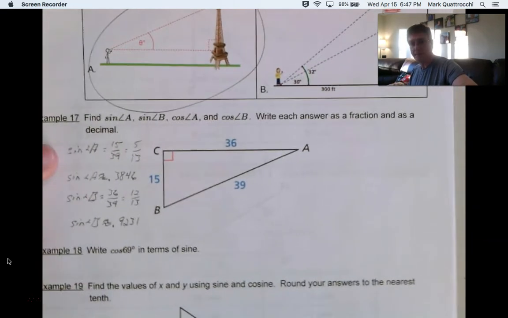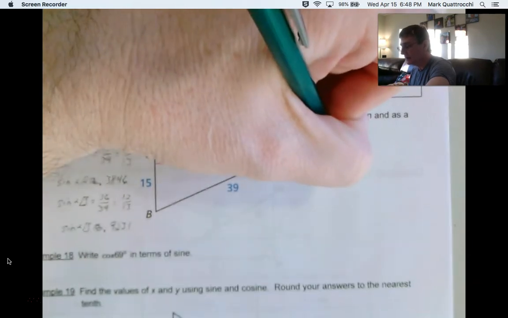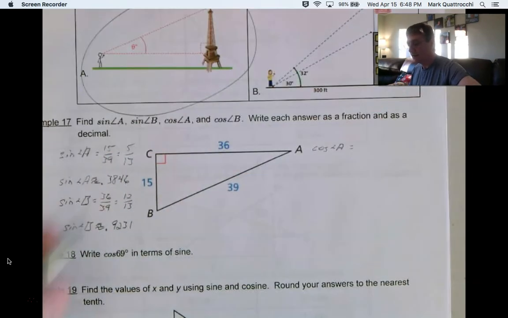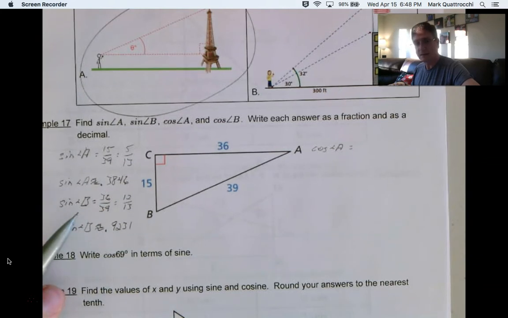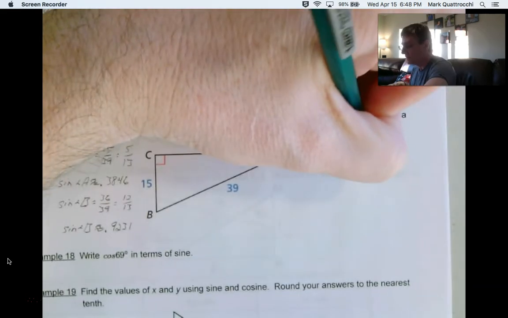All right, cosine. Cosine of angle A is the same as sine of angle B. Complementary functions make things easier for ourselves. 12/13, or approximately 0.9231.